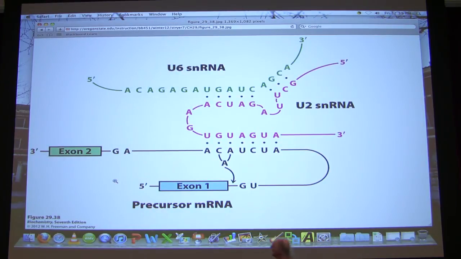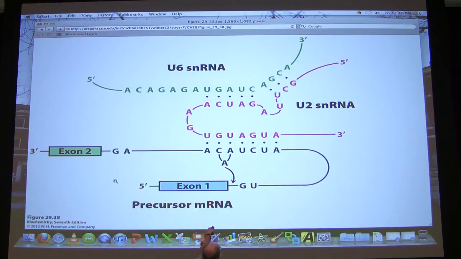Now, this is up close and personal with a pre-RNA that is about to be spliced. As you can imagine, we want to arrange things so that the pieces come together nicely for the splicing to occur. What you see here are some of the RNAs that those snRNPs are carrying.